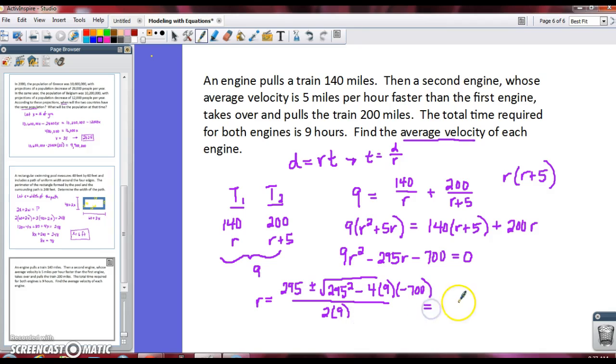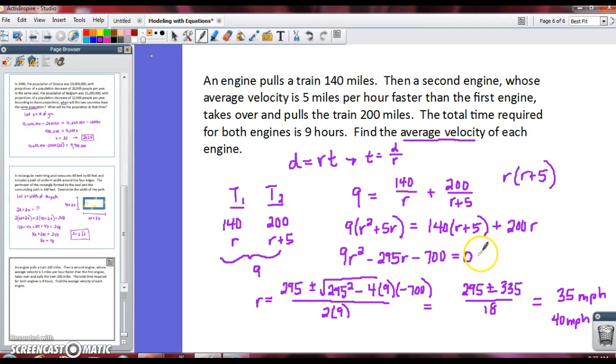When you simplify that, again just in the interest of time, you end up with 295 plus or minus 335 over 18. Obviously, you have to use the plus one, because if you use the minus option, you would get a negative number. You can't have a negative rate. So you end up with the rate of 35. Make sure you label it miles per hour. That's the first engine, which means that the second engine would be 40 miles per hour.